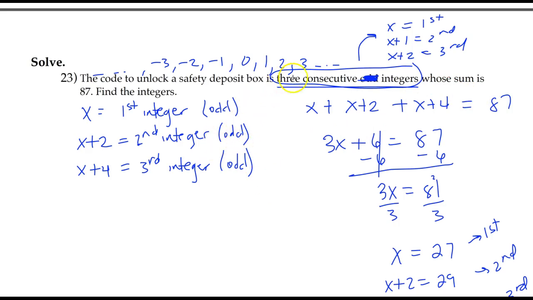My point here is watch the wording on these problems. Do not get on autopilot and just say, hey, I saw one on a review like this, so it's going to be the exact same way. Some of them may say consecutive odd integers. Some may say consecutive even integers. Some may say just consecutive integers. So you've got to watch what it says.